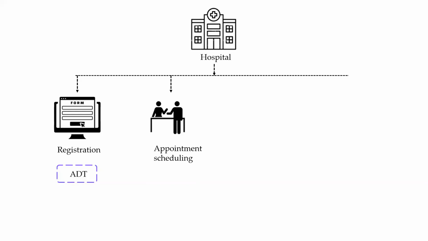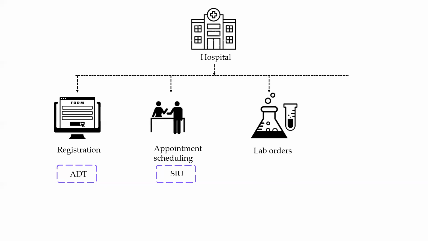Scheduling in terms of HL7 is called SIU. SIU stands for Scheduling Information Unsolicited. Don't worry about the acronyms right now. Just understand the meaning. Down the line, when we take a look at the detailed structure of these messages, we will talk about these acronyms again. Okay, so SIU stands for Scheduling Information Unsolicited.